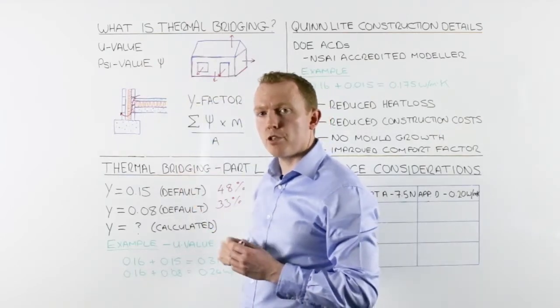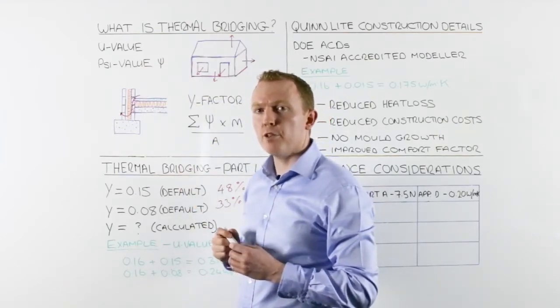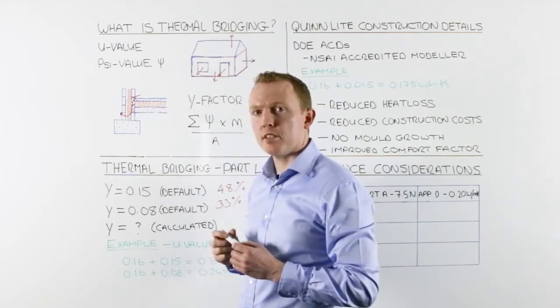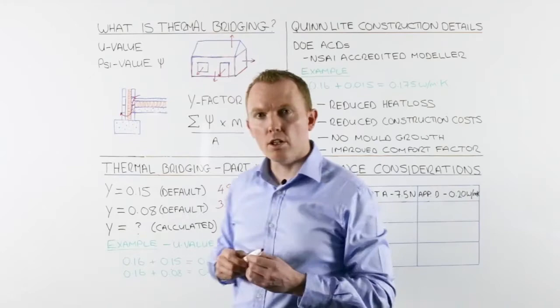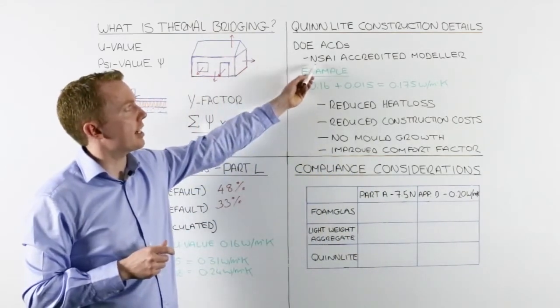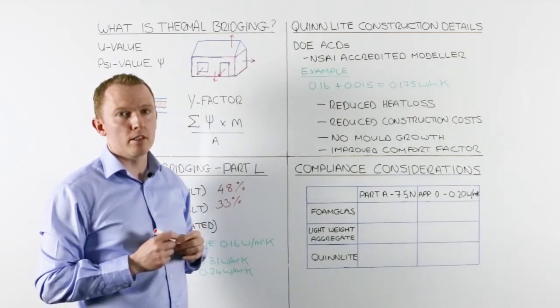And by introducing those 2 Quinlite blocks, we've improved the thermal performance of that junction by 10 times. All our junctions have been developed and approved by an NSAI accredited thermal modeller.